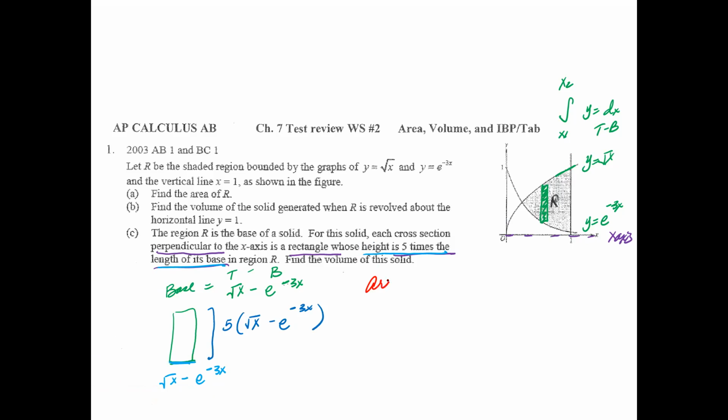All right, so now let's take a look at the area of the cross section. Your area is going to be base times height for a rectangle. So then base, which is square root of x minus e to the negative 3x, times height squared.